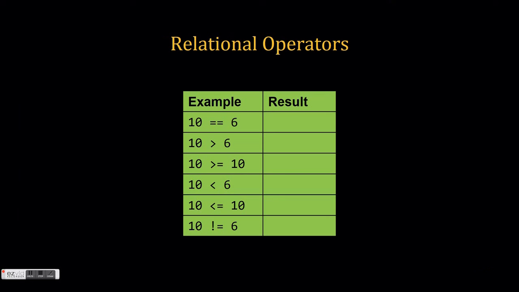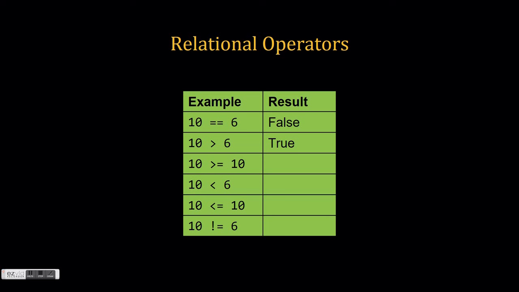So with relational operators, the first example that we have here, we're asking, is 10 equal to 6? And because they're not equal, we know that the answer is false. And then the next one, we're asking, is 10 greater than 6? And we know that that is true, so the overall expression evaluates to true.